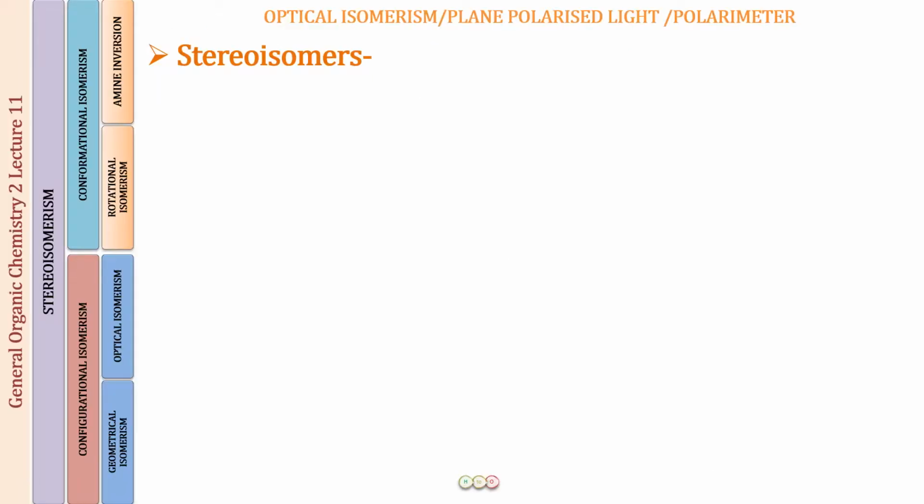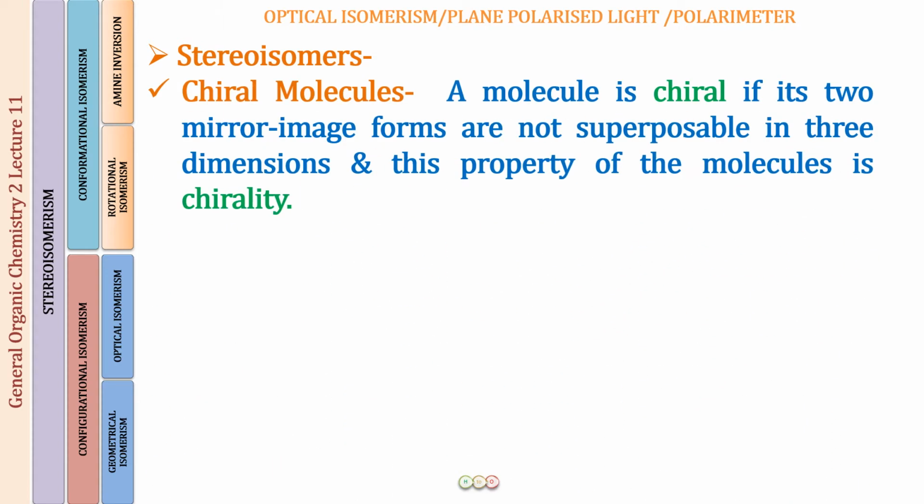So let us start the learning today with the revision of two definitions that you have learned in the previous two lectures. That is, what is a chiral molecule and what are enantiomers. So a molecule is going to be chiral if its two mirror image forms are non-superimposable in 3 dimensions, and this property of the molecules is called chirality. And what have you learned about enantiomers?